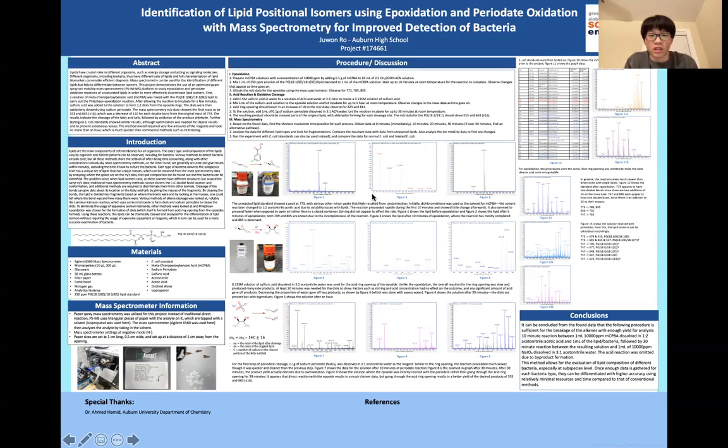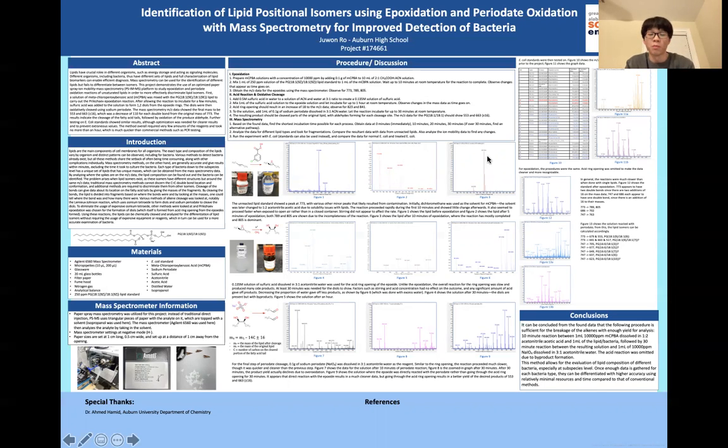I don't know if you can see here, but the initial lipid had a mass of 773. And this is after epoxidation at 5 minutes, when it wasn't complete, you can see 773 is still the biggest, then 789, 805, and then these are extraneous values.